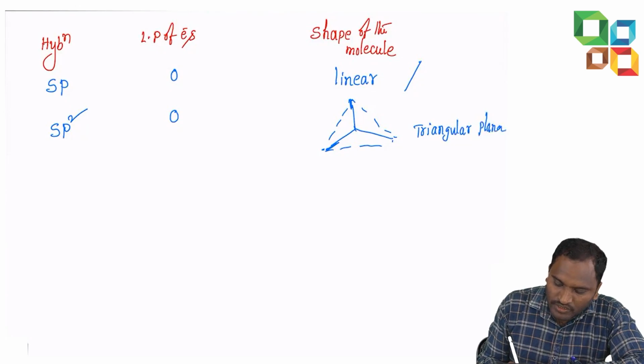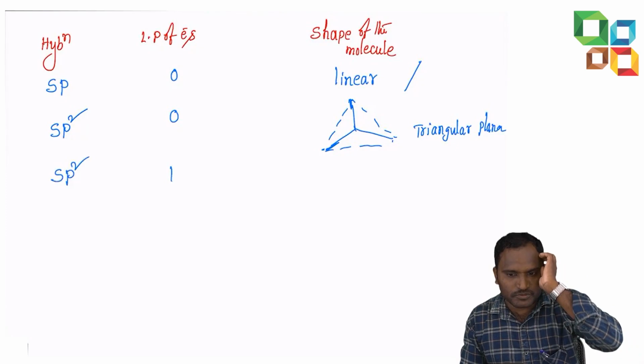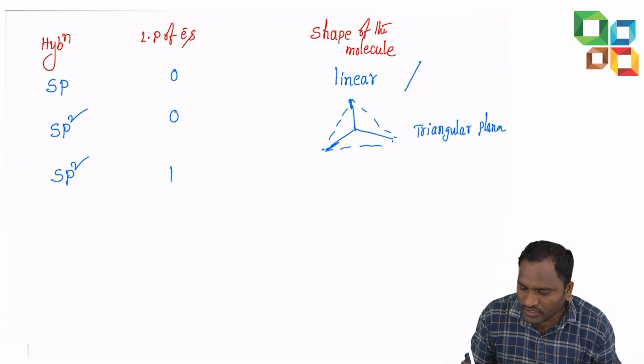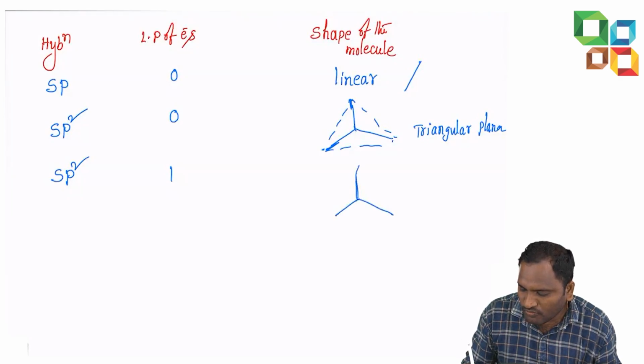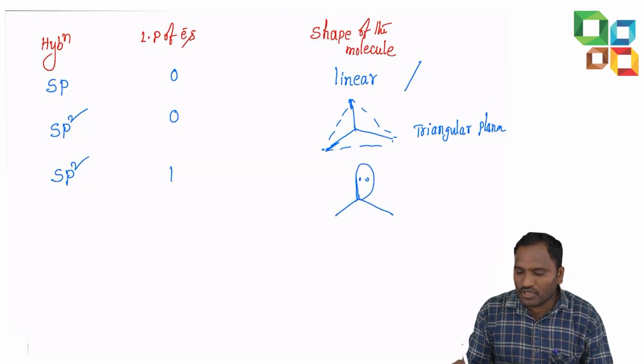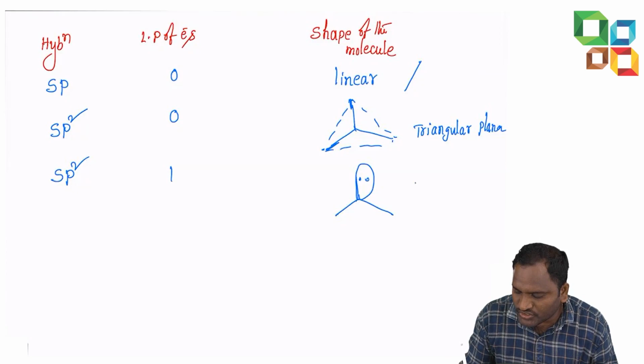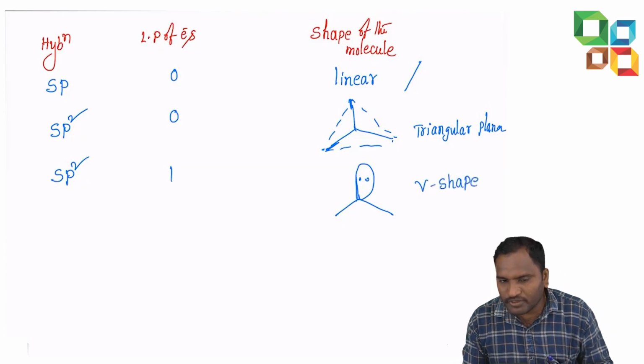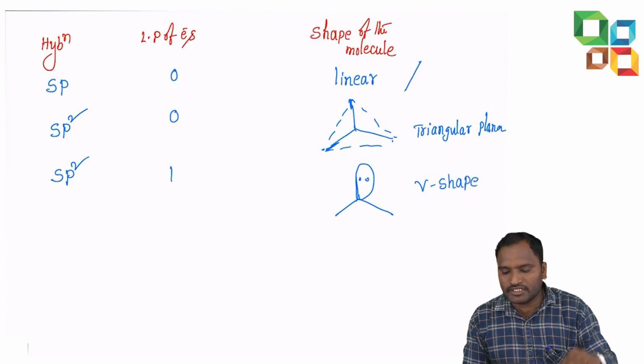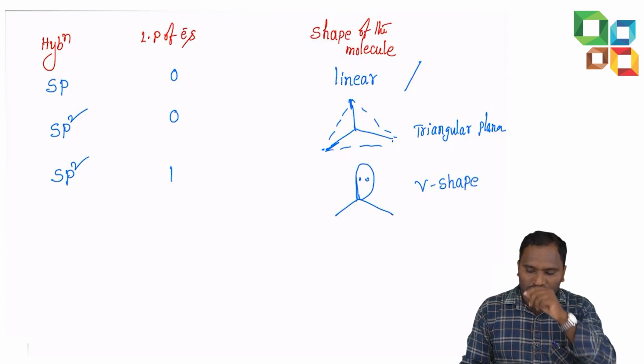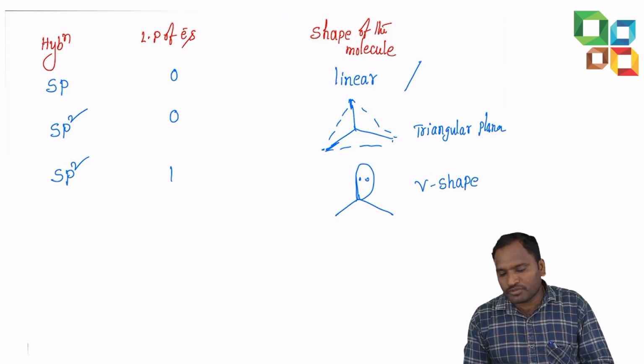If a molecule undergoing sp2 hybridization contains one lone pair, what will we do? The regular structure for sp2 is triangular planar, but one of the bond pair positions is occupied by the lone pair. Which shape did you get, students? V shape or angular shape. With sp2 and one lone pair, the shape changes to V shape or angular shape.